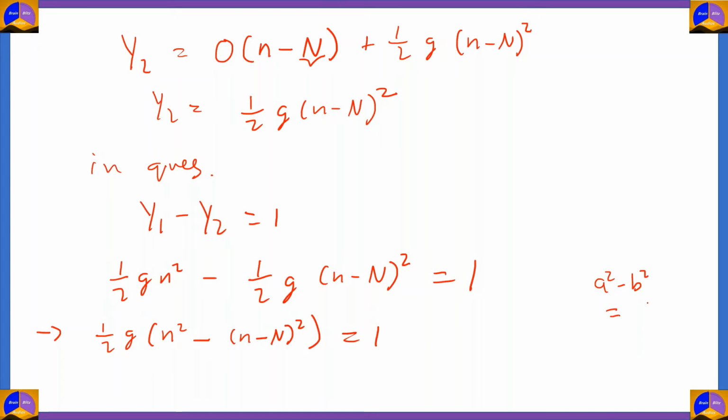So this is an algebraic identity, and the right-hand side is a plus b into a minus b. So we now use this identity inside the brackets. So it will be half small g, and then inside the bracket, the first term will be n plus n minus capital N, and then multiplied by n minus small n minus capital N.